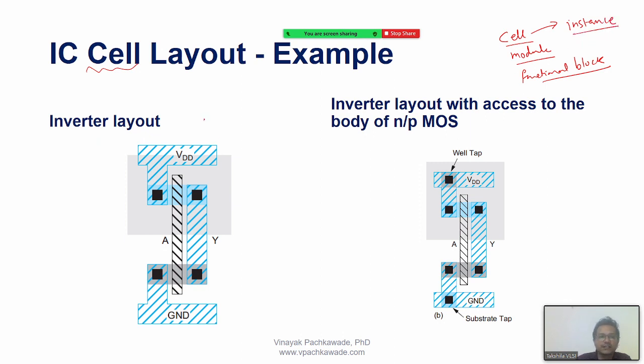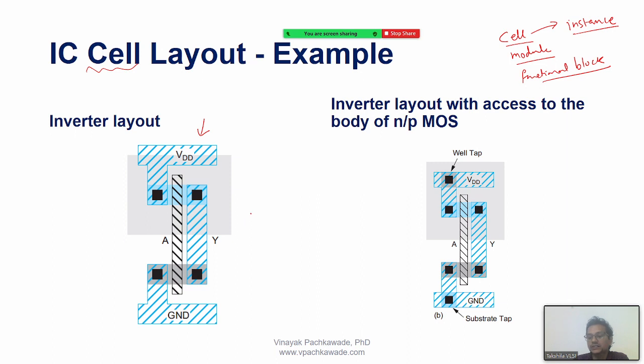For instance, this is a cell of an inverter. I can also create a module of a latch, or multiplexer for instance. Using a set of multiplexers, I will create a module of a latch. We have used mux to create a latch.